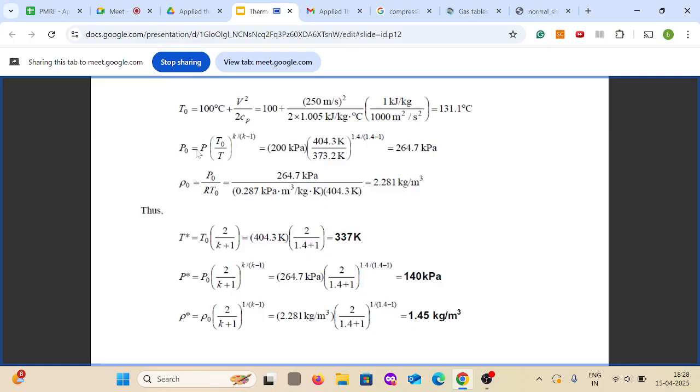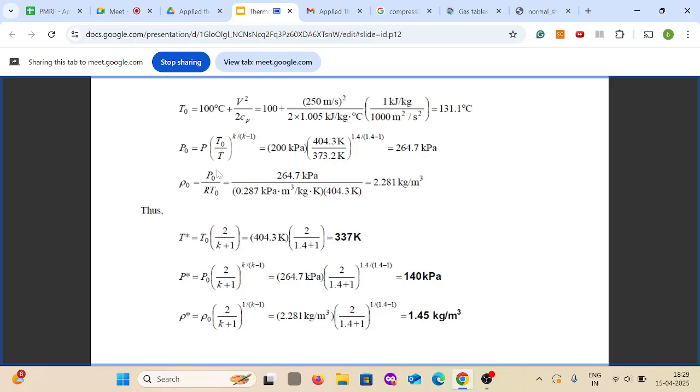And similarly P naught is P times (T naught by T) raised to the power gamma by gamma minus 1. So it comes out to be 200 into (404.3 divided by 373.2) raised to the power 1.4 divided by (1.4 minus 1). So it comes out to be 264.7 kilopascal.